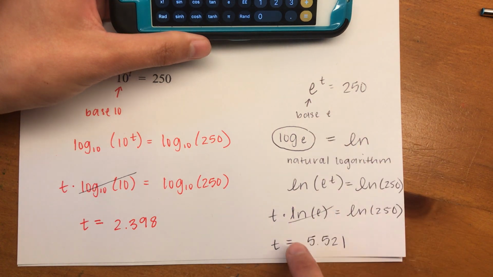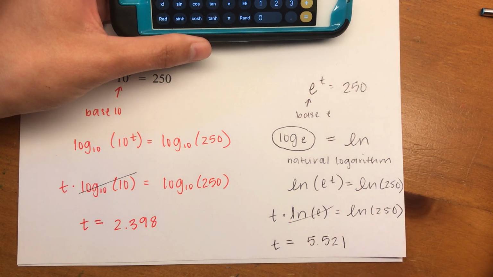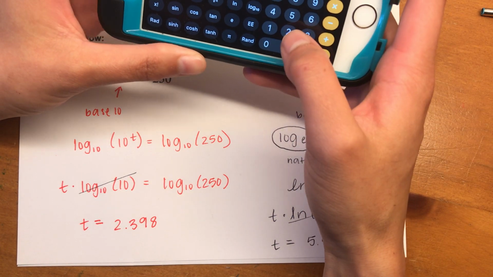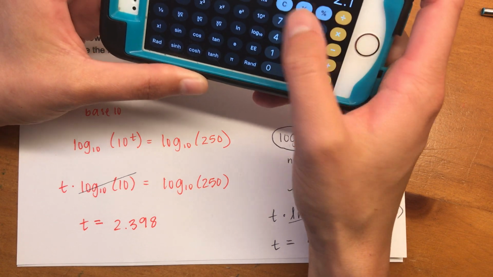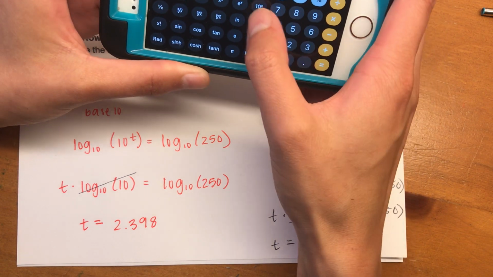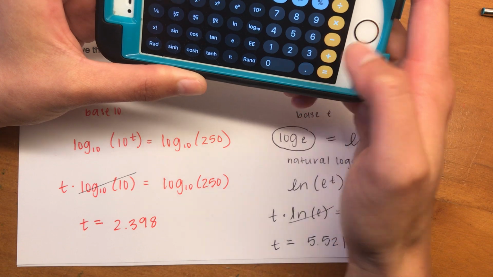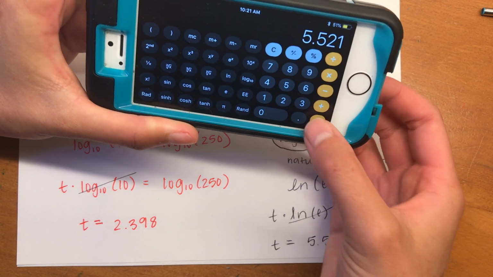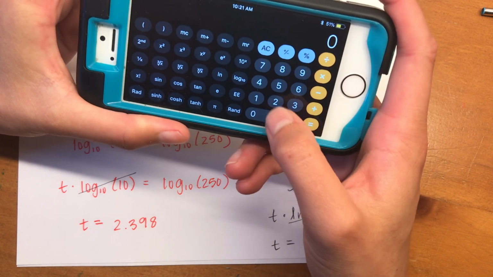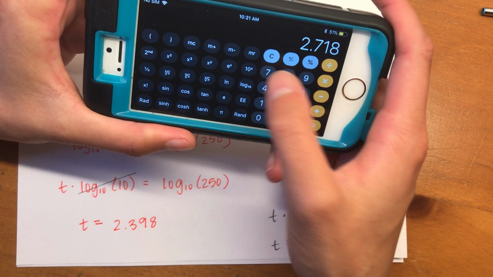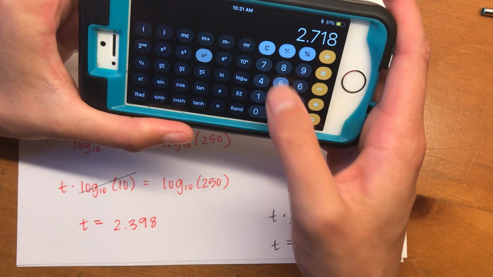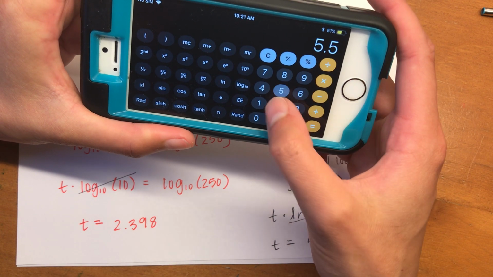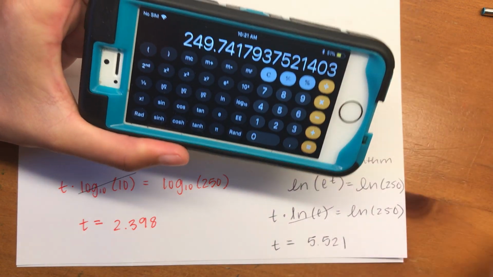So 2.718 to the 5.521 should give us about 250, and I can check that. 2.718 to the 5.521 equals, okay, perfect. We're about 250 here.